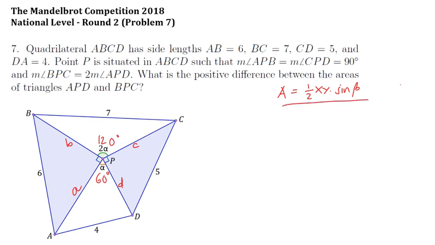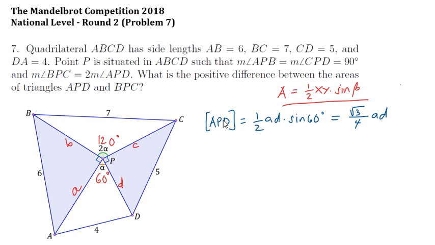Let's start with triangle APD. So the area of triangle APD is equal to 1/2 times AD times the sine of 60 degrees. Sine 60 degrees is square root of 3 over 2. So this expression simplifies to square root of 3 over 4 AD.